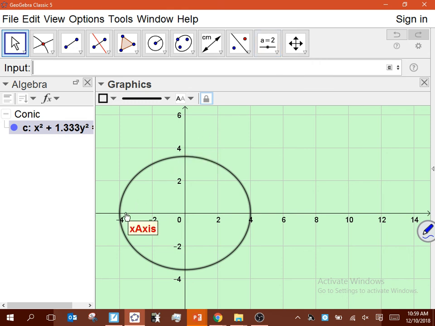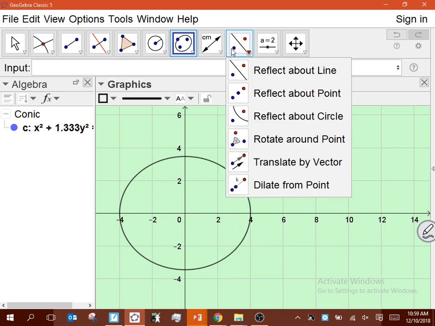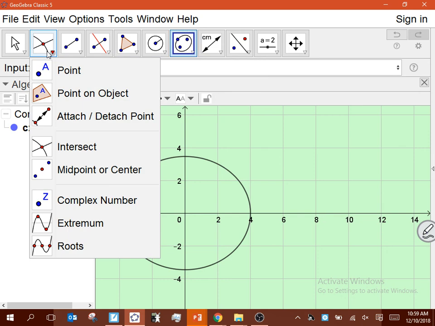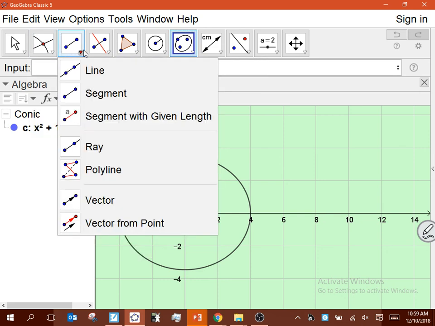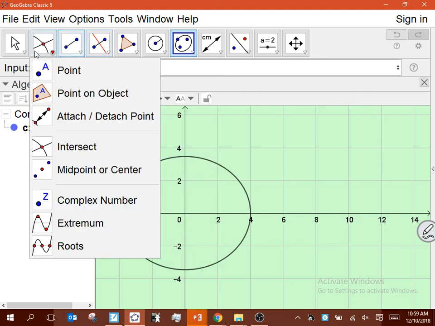You see my endpoints are at negative 4, 4. Let's see if it finds the foci for me, if I can do that. It won't, I don't think. No, but I can do this.